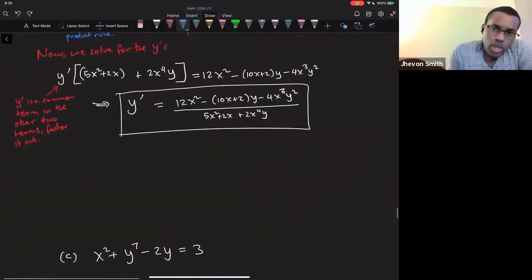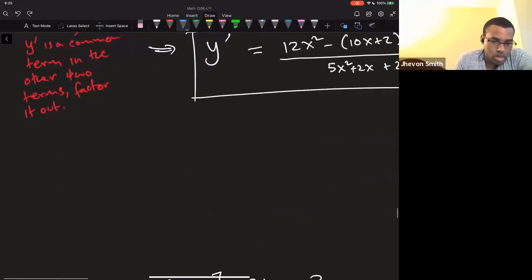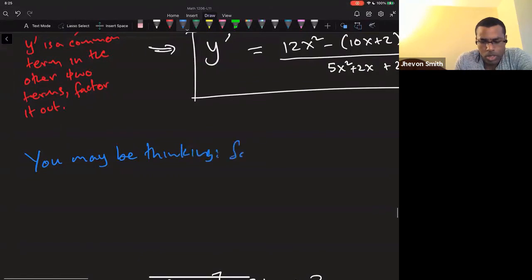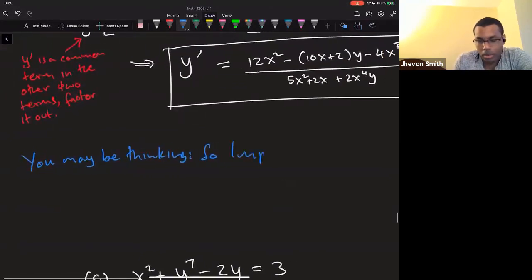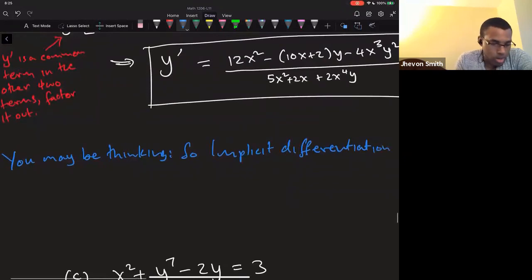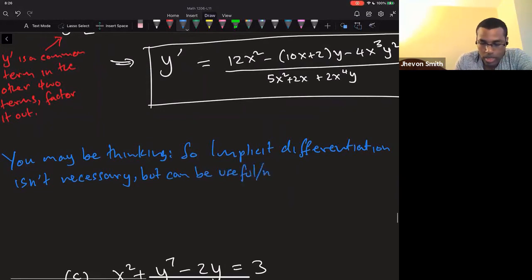So at this point, you may be thinking, implicit differentiation isn't necessary, but can be useful, nicer.